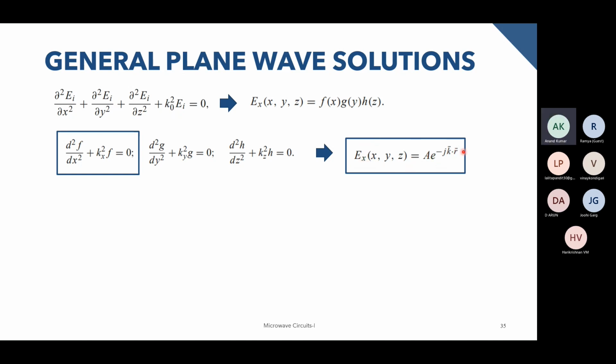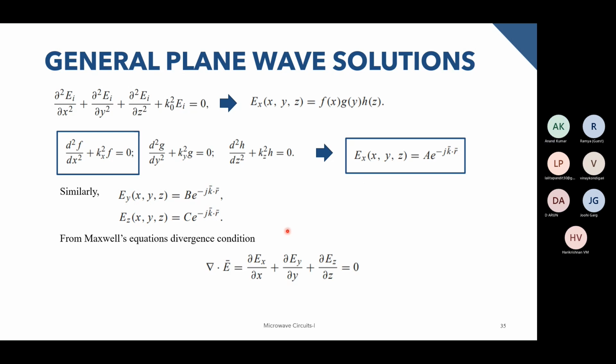Now, using the same treatment, we can write the solutions for Ey and Ez as B e power minus j k dot r and C e power minus j k dot r, where B and C, like A, are arbitrary constants, and their values can be calculated if we know the source and the boundary conditions.